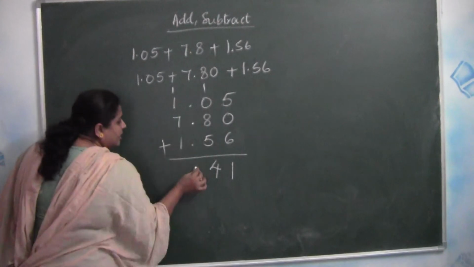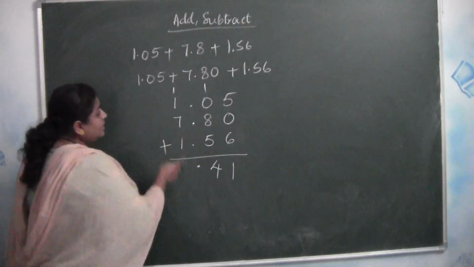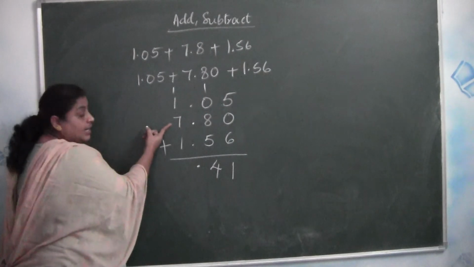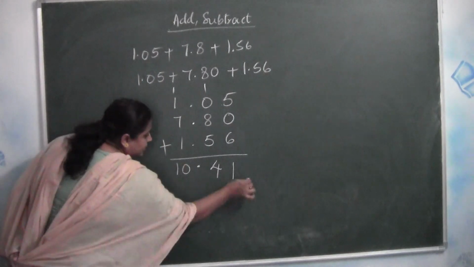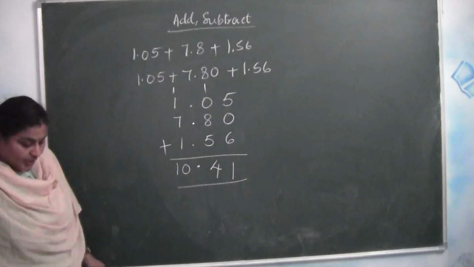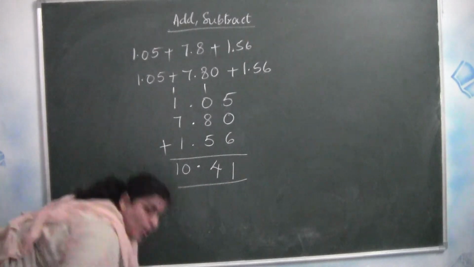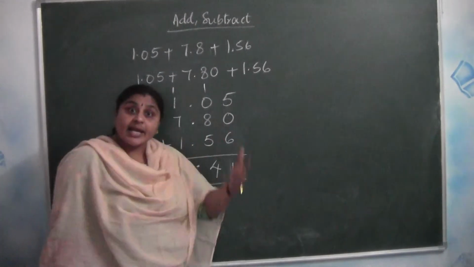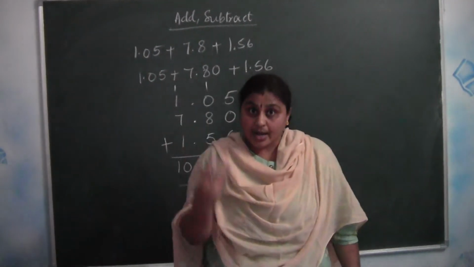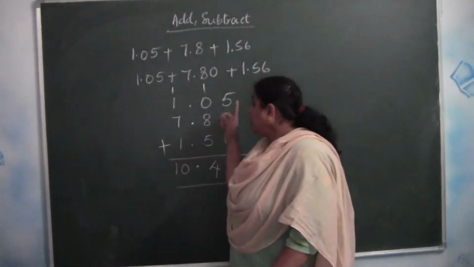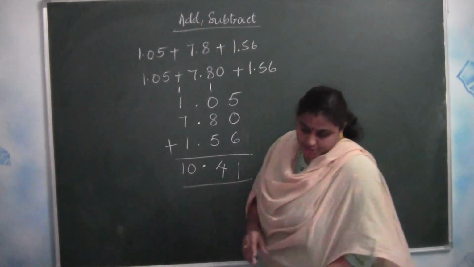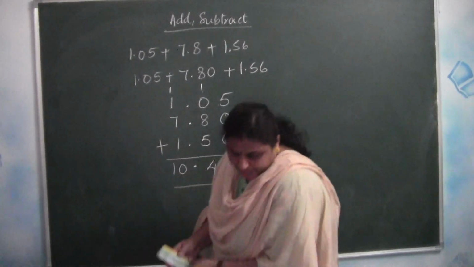Carry over 1. Decimal. 1 plus 1, 2. 2 plus 7, 9. 9 plus 1, 10. So 10.41. This is how you first convert unlike decimals to like decimals and then add the decimal numbers. Got it, children?